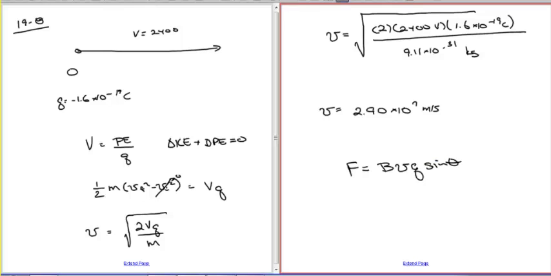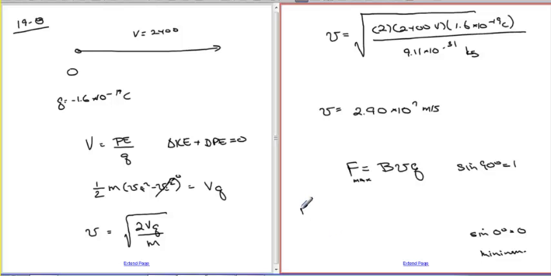The most that can be is when the sine equals 1, and the minimum is going to be 0. The maximum is when theta equals 90 degrees, and the sine of 90 degrees equals 1, whereas if we have the magnetic field and the velocity in the same direction, then the angle is 0 and the sine of 0 is 0, so that's our minimum.